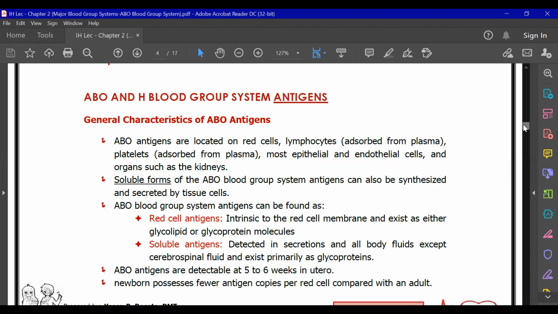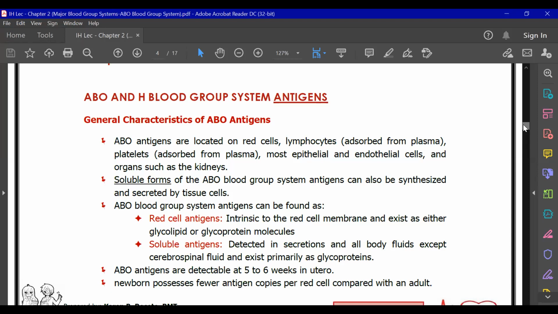So it says here that ABO antigens are located on red cells, lymphocytes, platelets, epithelial cells, and endothelial cells, in organs such as your kidneys. So your ABO antigens, class, are not restricted to the red cells. They are also located in your lymphocytes, platelets, endothelial cells, and in other organs, especially your kidneys.